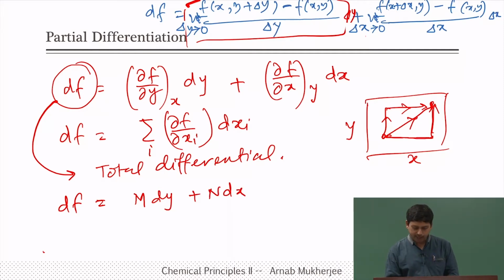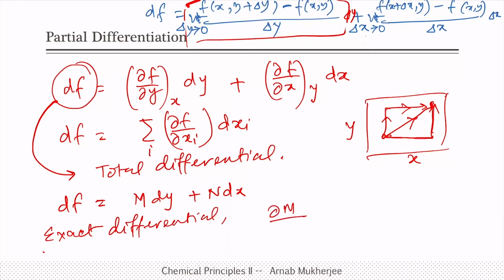And for an exact differential, the criterion is that del m by del x with respect to y is del n by del y with respect to x. So, it is an exact differential if it satisfies this criterion, otherwise it will be an inexact differential.